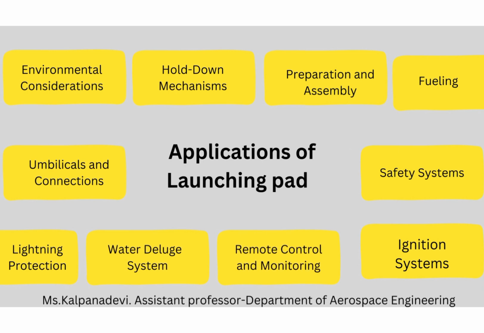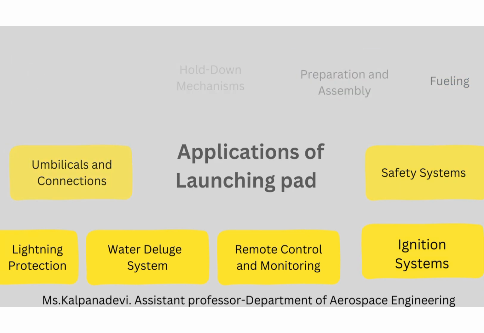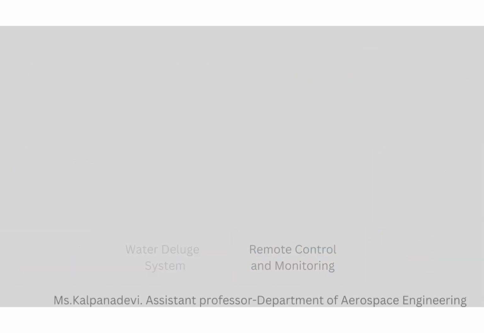In this case study, we will look at a SpaceX Falcon 9, how it caught fire or malfunctioned on the launchpad during testing. So first we will take the launchpad.